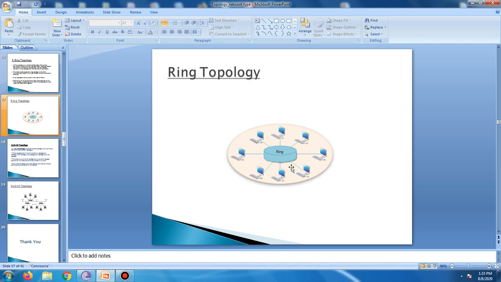Each device has a dedicated point-to-point line configuration only with the two devices on either side of it. A signal is passed along the ring in one direction, from device to device, until it reaches its destination. Each device in the ring incorporates a repeater.